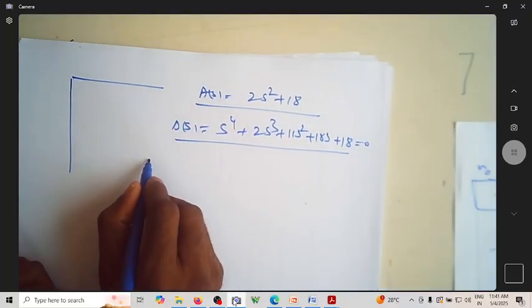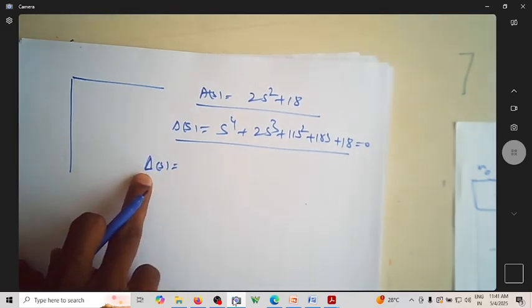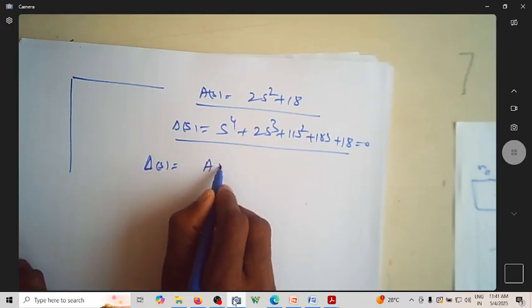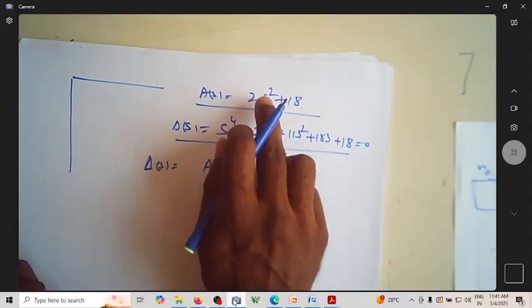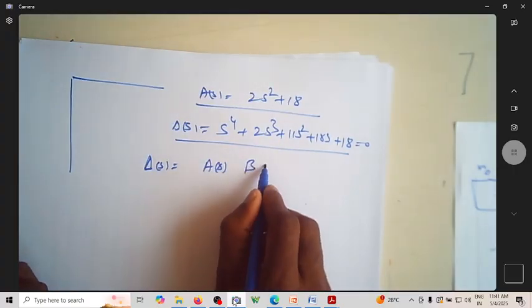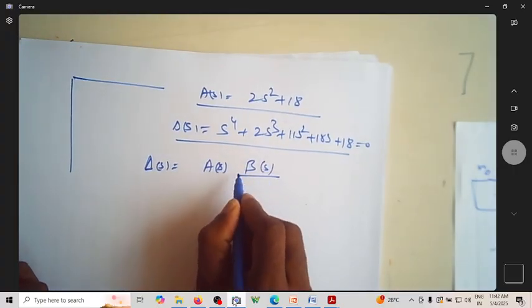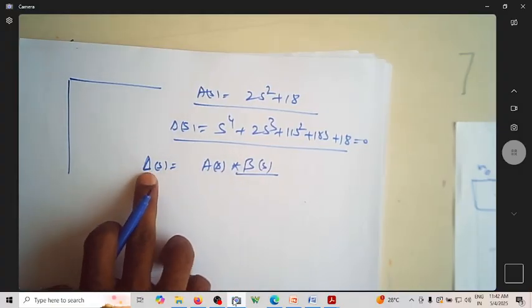The del of s, the overall characteristic equation of a system, has the auxiliary equation as a part of it. Because the overall order is 4 and this order is 2, I should have one more part, a second factor of my characteristic equation.